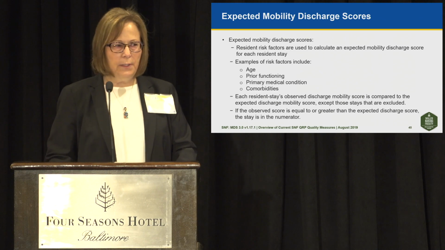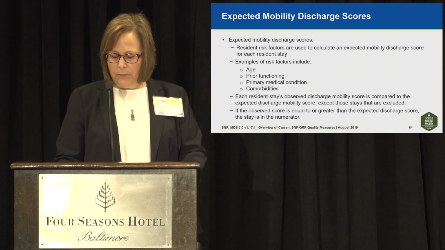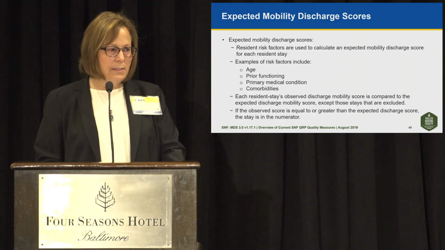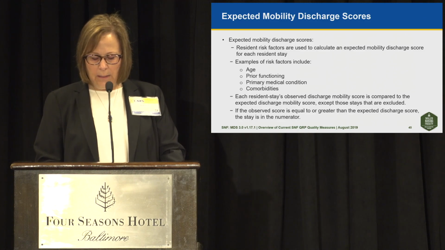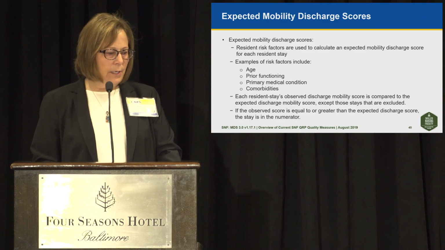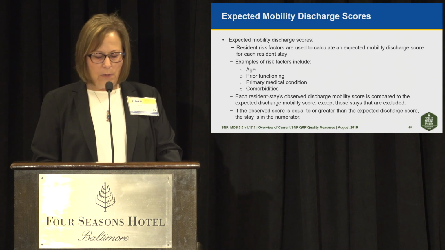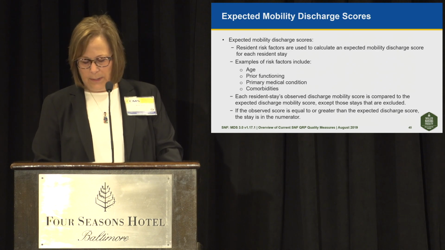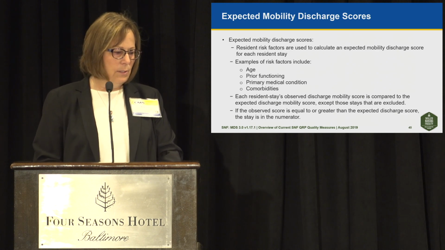For expected mobility discharge scores, resident risk factors are used to calculate each resident stay. We have the same examples: age, prior functioning, primary medical condition category, and comorbidities, and each resident stay's observed discharge mobility score is compared to the expected discharge mobility score, except those stays that are excluded.